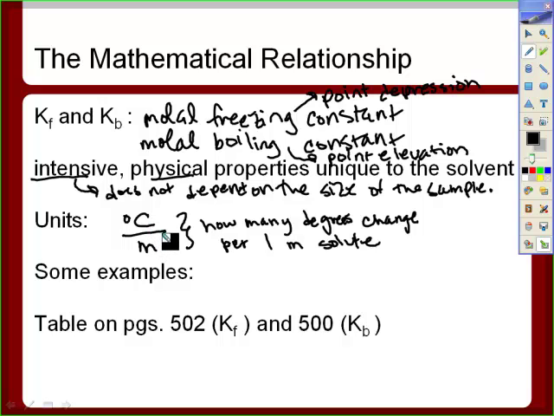If you compare that to carbon tetrachloride, a different solvent, that is going to be influenced more by 1 molal of solute, increasing the boiling point by 5.03 degrees per molal. These are also in your book on page 502 and 500 if you're interested, but you have that handy dandy reference sheet.